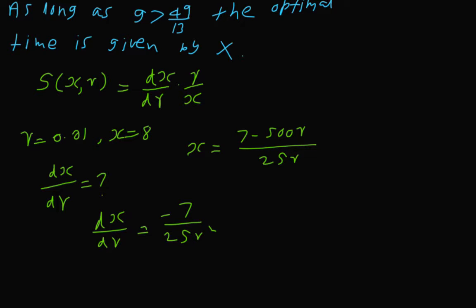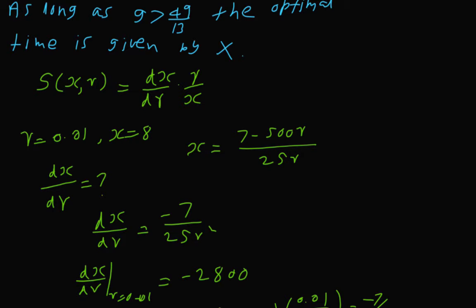But we know the value of r, so dx over dr when r equals 0.01: just plug in 0.01, and you will get negative 2800. Therefore, we can write down the sensitivity S(x,r) equals negative 2800 times r divided by x, with r equals 0.01 and x equals 8. So the answer is negative 7 over 2.